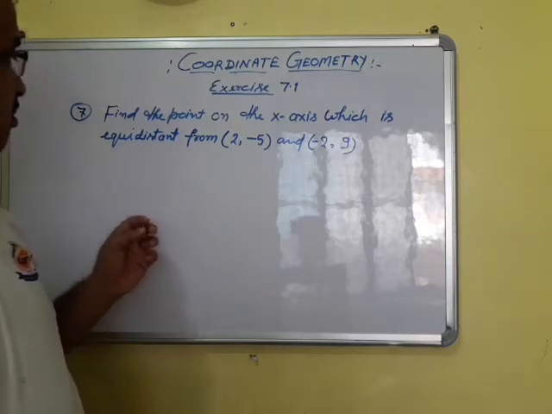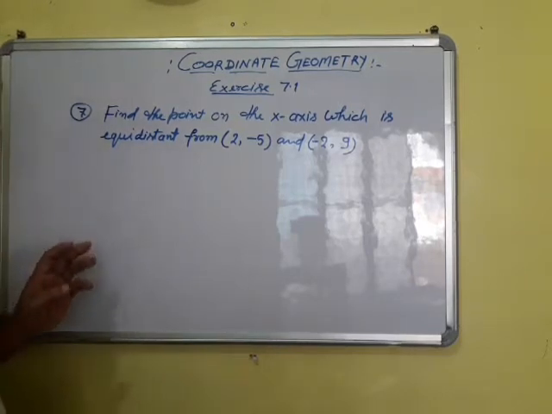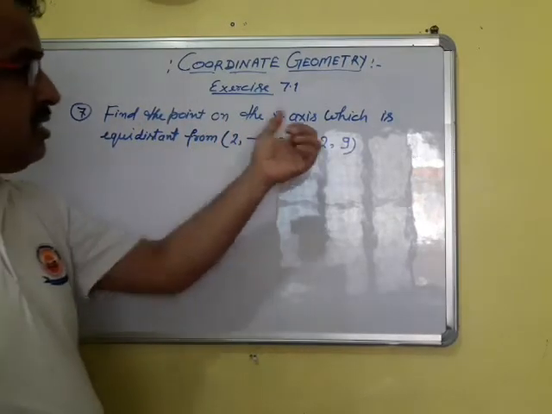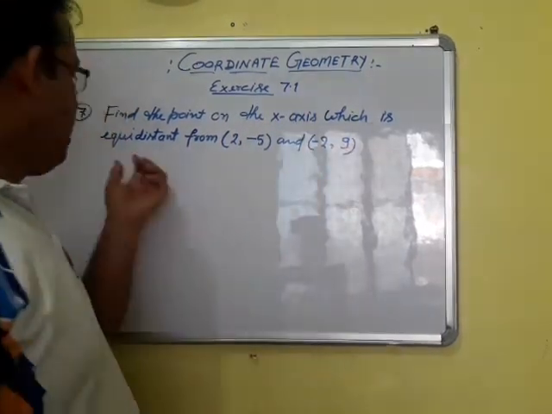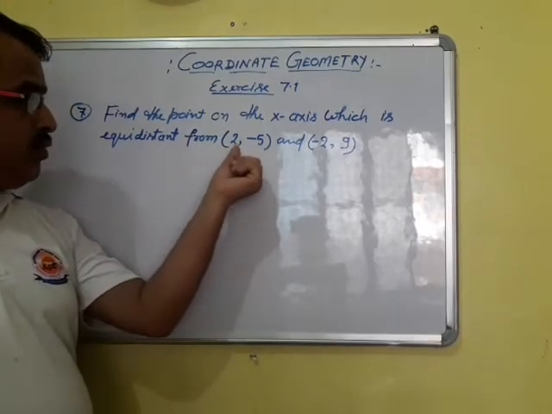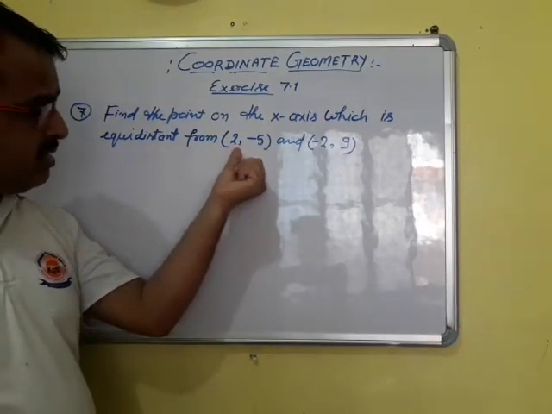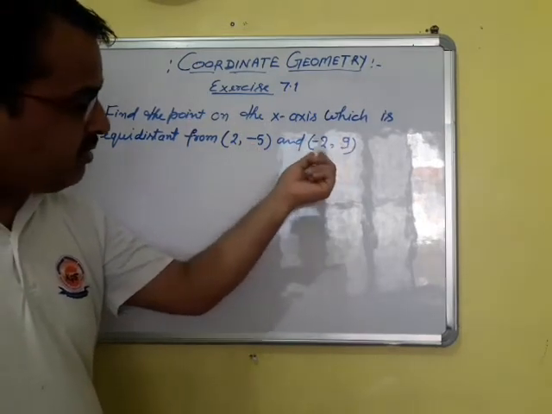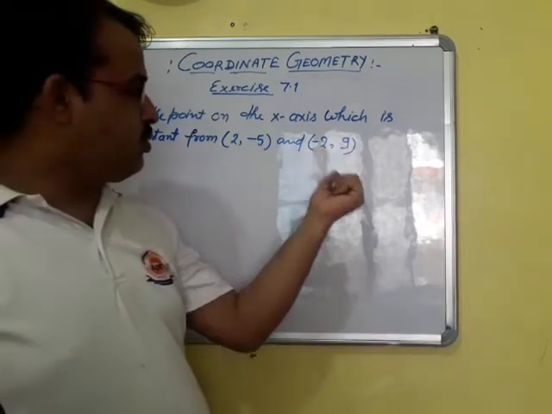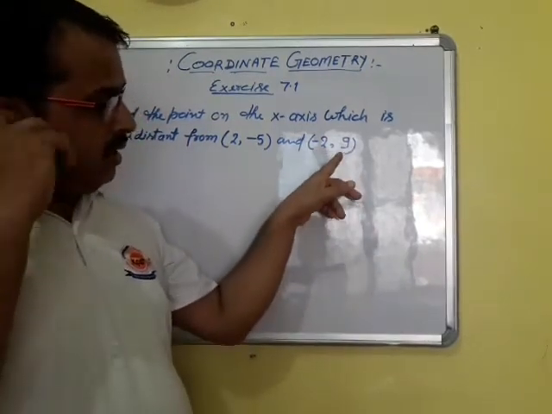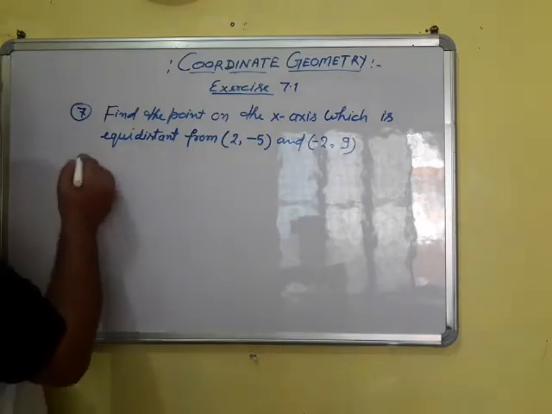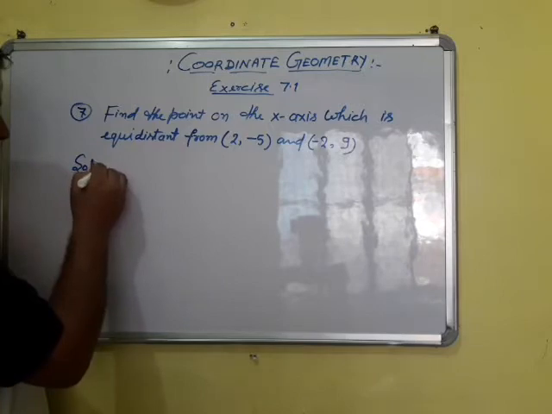Question number 7: find the points on the x-axis which are equidistant from two points. The first point has abscissa 2 and ordinate -5, and the second point has abscissa -2 and ordinate 9. Now let's find the solution of this problem.